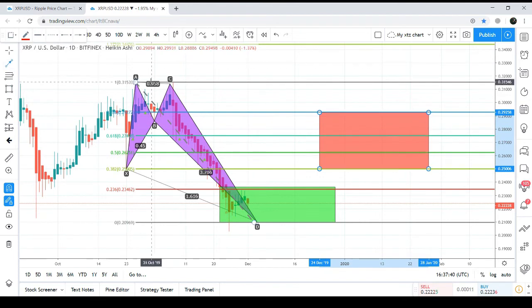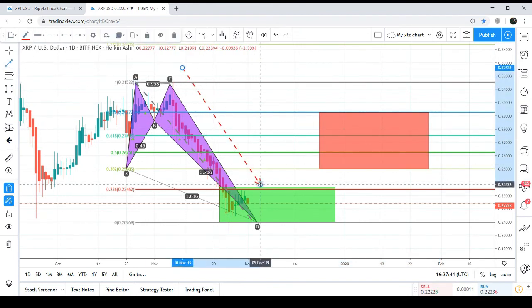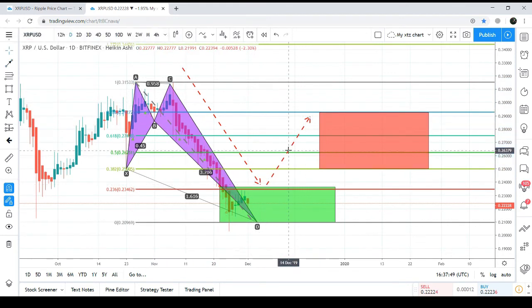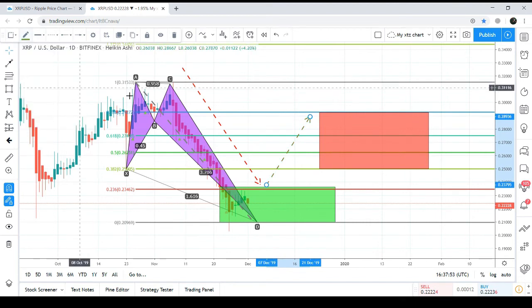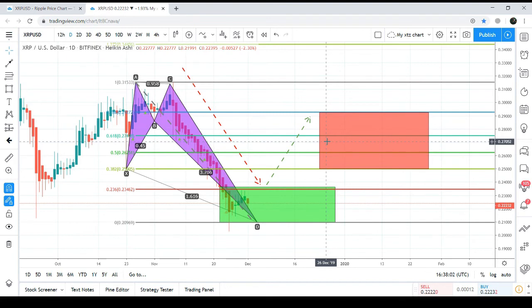So this is the Fibonacci projection area of the A to D leg. And now we have our potential reversal zone. This is our potential reversal zone, or PRZ area. And this is our potential sell zone.